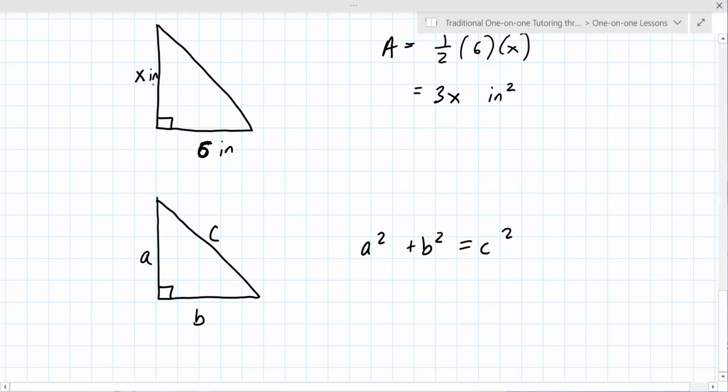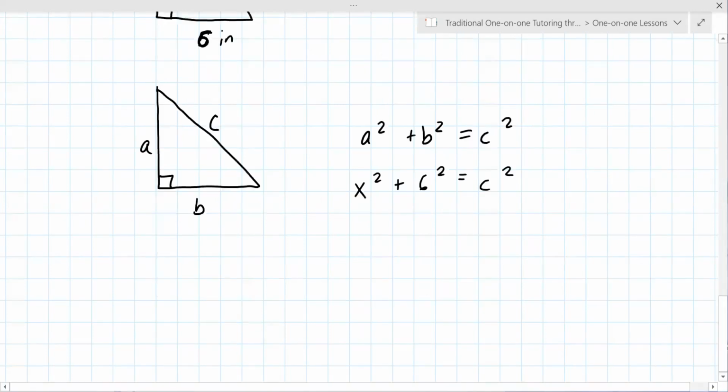Okay. So in this case, A is x squared plus what is B in this problem? Okay, so x squared plus 6 squared. 6 squared is 36.